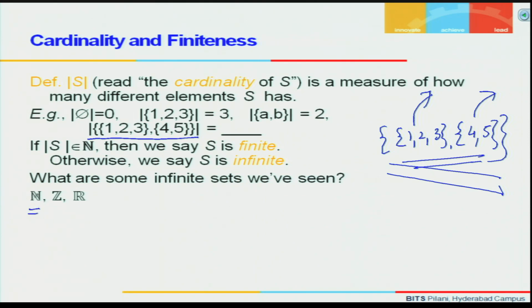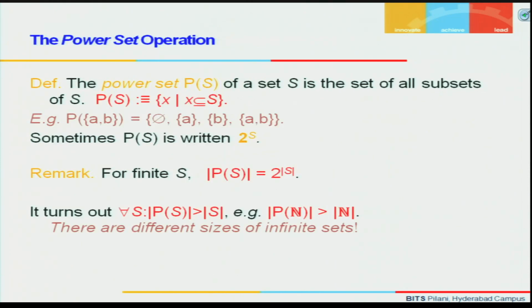This is N only, but there will be another line. This is how the set of integers will be represented. This is how the set of real numbers will be denoted, and all these happen to be infinite sets.